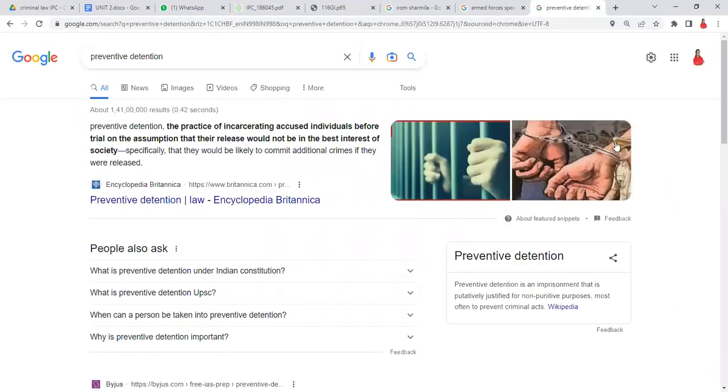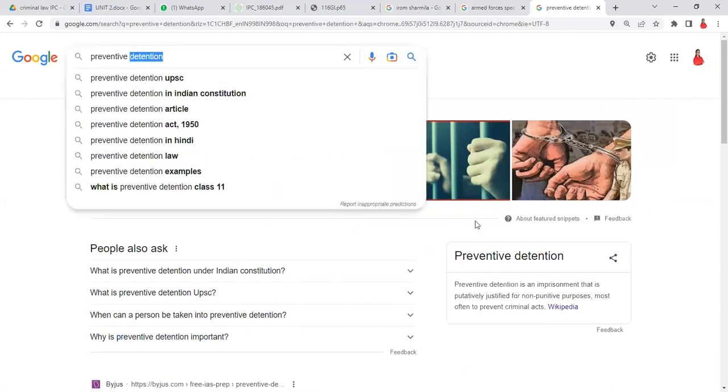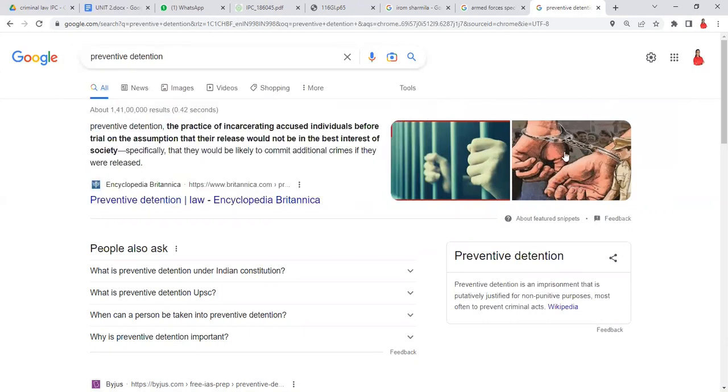A person is arrested only when he has committed a crime or is suspected of having committed a crime. Right? But preventive detention says that you can detain a person, you can arrest a person even before he commits a crime, on the basis of suspicion, because you feel that maybe this person will commit a crime. So beforehand only you arrest the person.